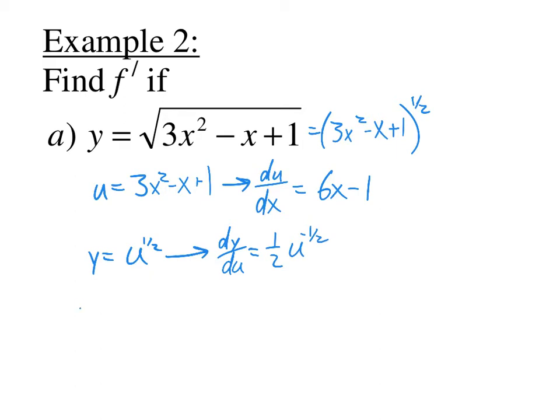So now dy/dx is dy/du, 1/2 u to the negative 1/2, or we could translate that negative exponent, so 1/2 radical u, times du/dx, times 6x minus 1.